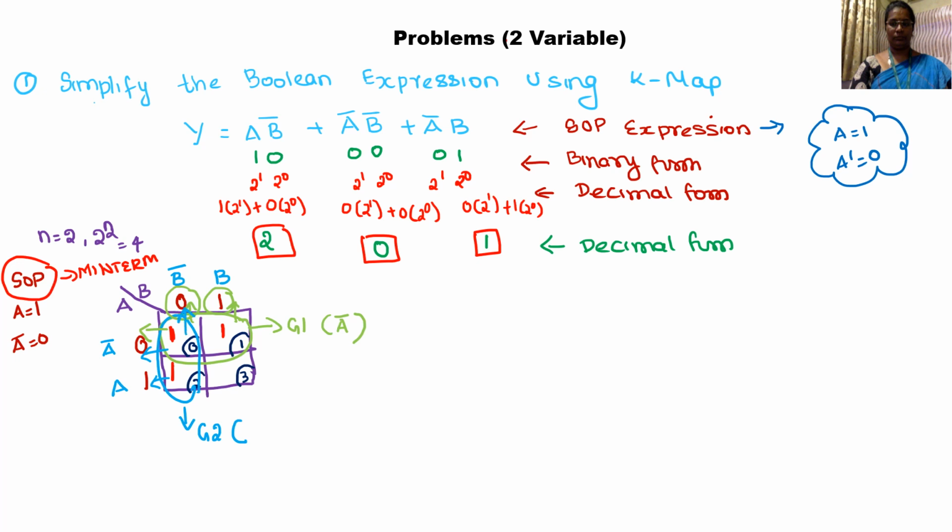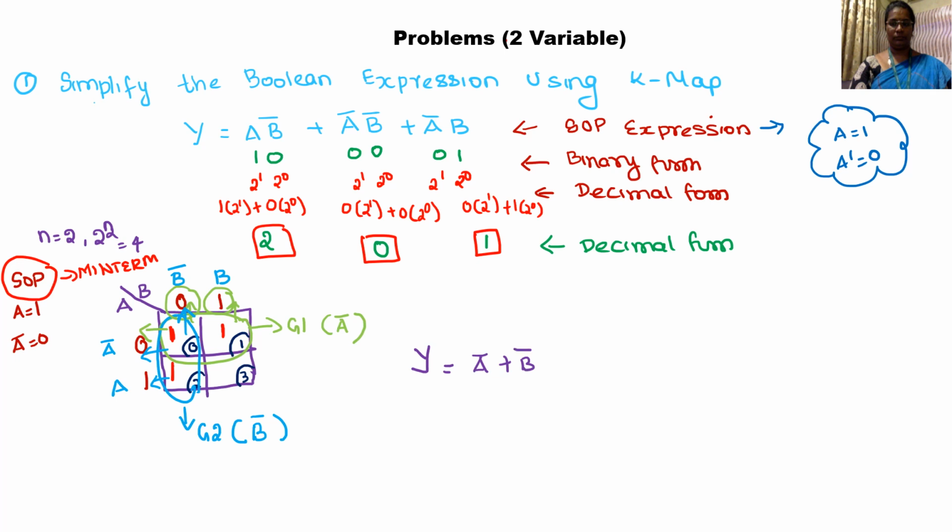When I look into the column, I land up with a constant, that is a single number 0, and this 0 is represented by B complement. So with this I come to my conclusion, that my expression can now be simplified or minimized in the form of A complement plus B complement.